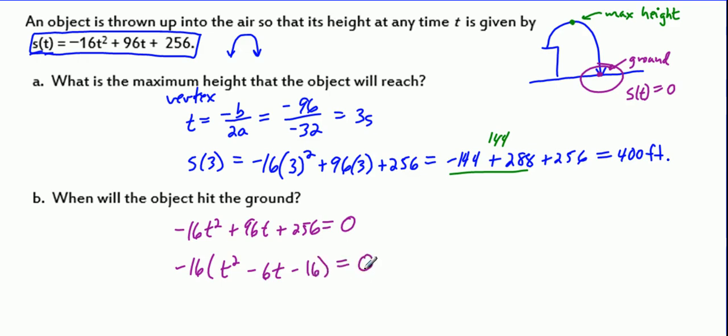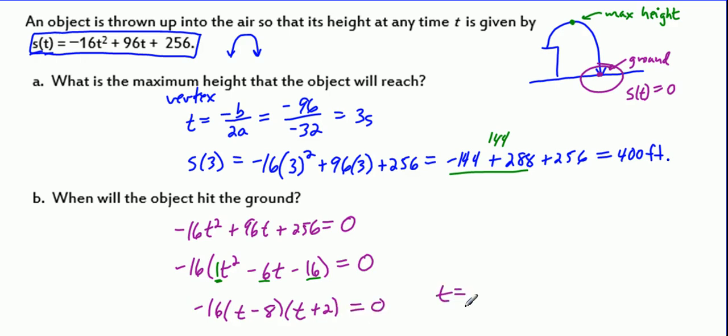So 16 goes into 96 6 times, 16 goes into 256 16 times. You take the negative out, and now you're looking for two numbers that multiply to negative 16 and subtract to 6, because there's nothing other than a 1 in front of that t squared. So this turns out to factor very nicely. So you get negative 16 times t minus 8 times t plus 2 equals 0.